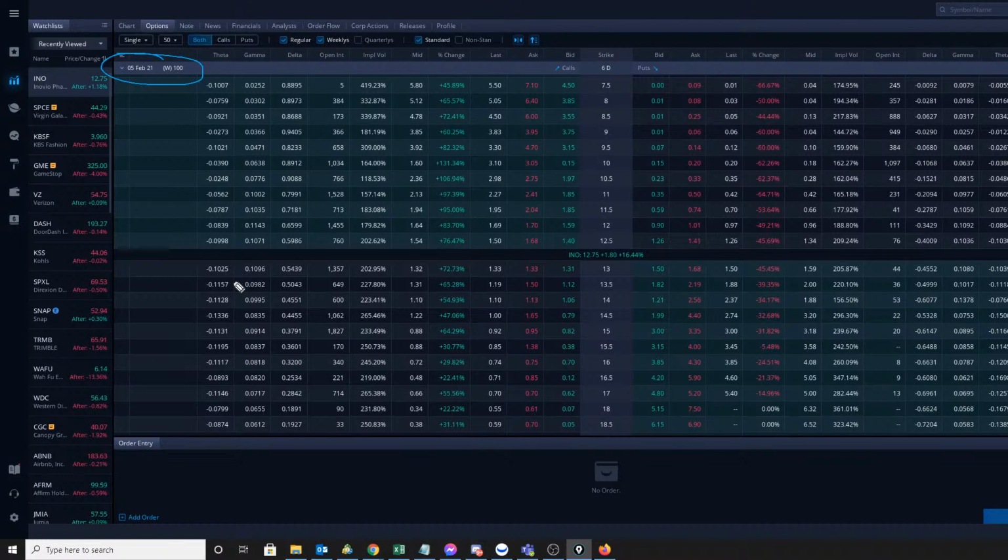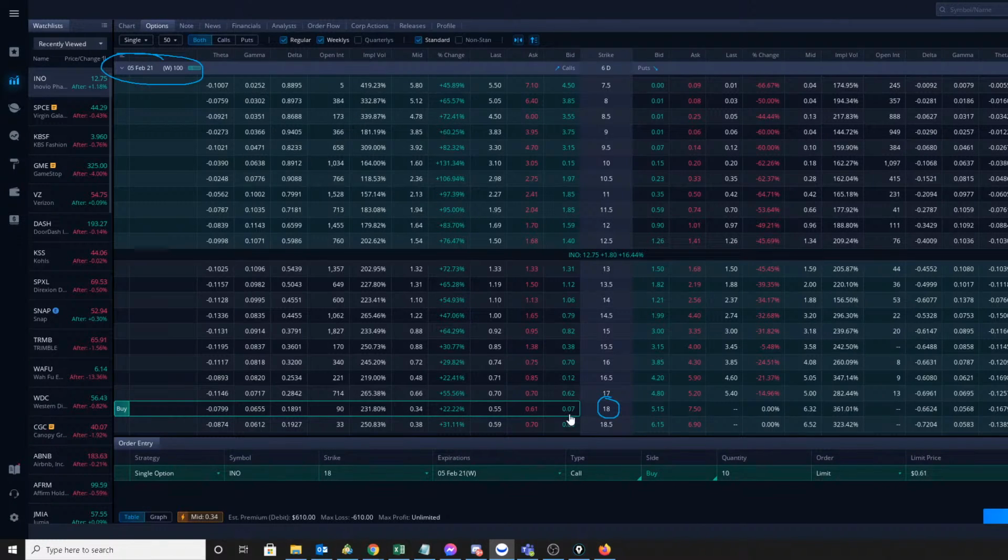So it's next Friday, the expiry is next Friday, and I'm looking at the $18 calls, this one here. I'm going to limit my loss by buying a call option on it for $18, and my max loss on this is $61.